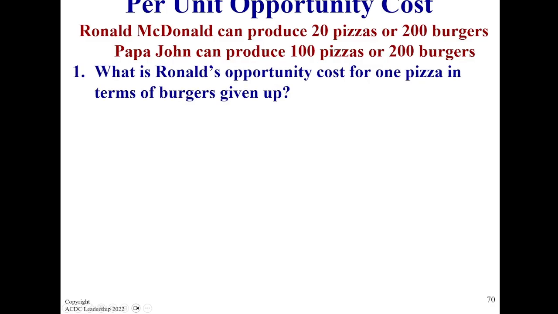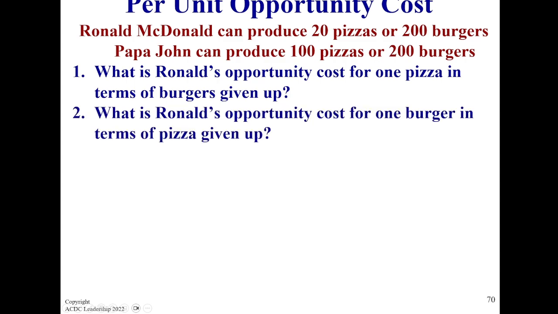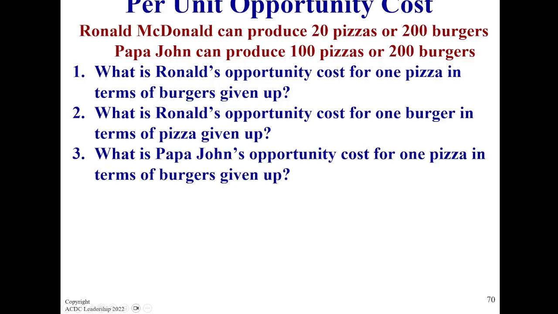So if we look at Ronald's opportunity cost for 1 pizza in terms of burgers given up, to produce 1 more pizza, he has to give up 10 burgers, right? And in order to make 1 burger, he gives up 1/10 of a pizza. So same thing for Farmer John, right? Farmer John, to produce 1 pizza, he'll give up 2 burgers. And to produce 1 burger, he'll give up 1/2 of a pizza.